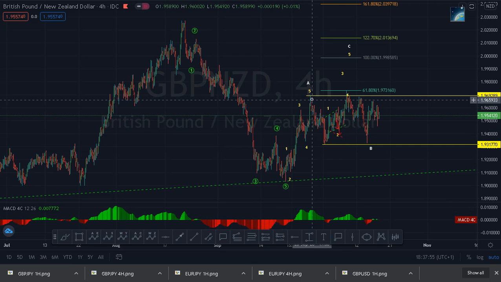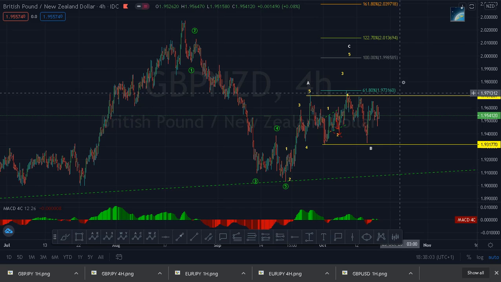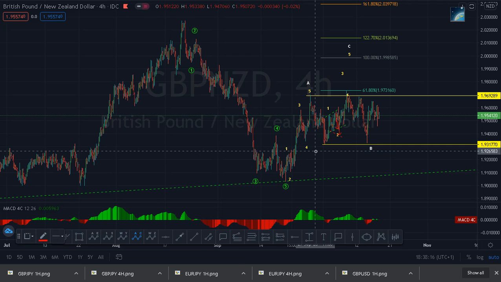So this pair can be, this is A, B can be A, B, C. Then the C might still be developing. That is 1, 2, 3, 4, 5. So don't rush to sell GBP and NZD. Don't rush to sell, because you might have a surprise on that pair.